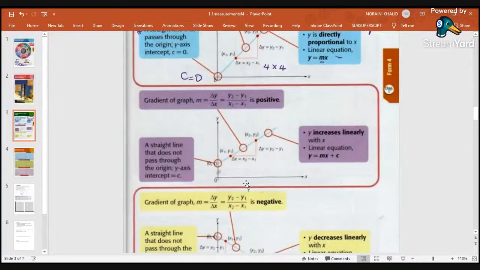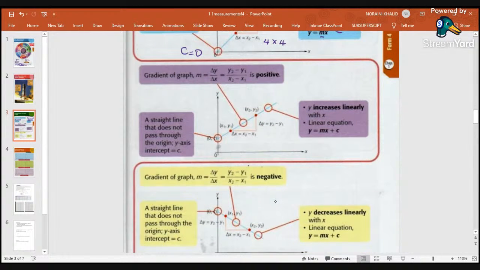Okay, second straight line graph. You can see the graph is a straight line but intercepts the y-axis. Intercept on the y-axis is c here. So a straight line that does not pass through origin, y-axis intercept equals c.